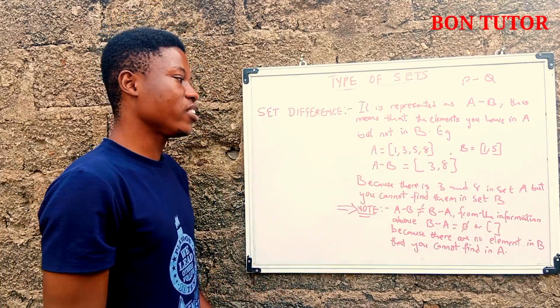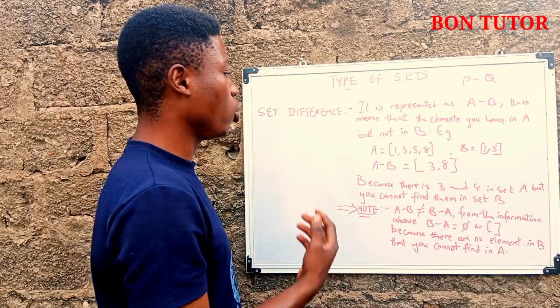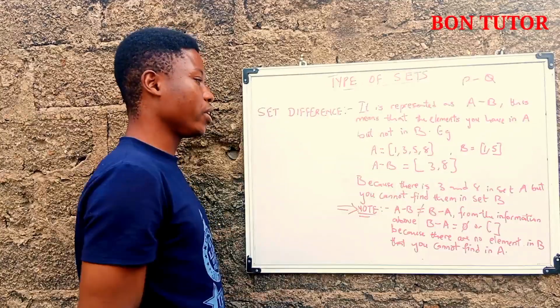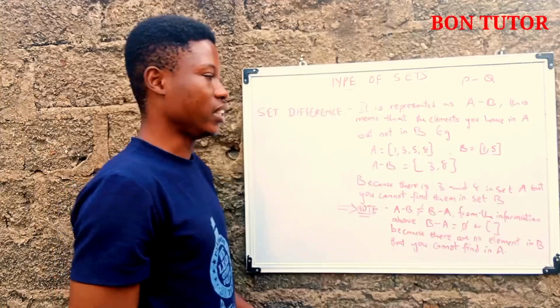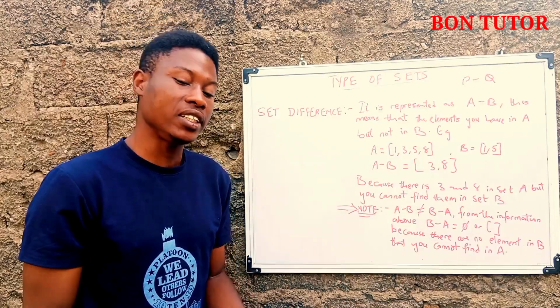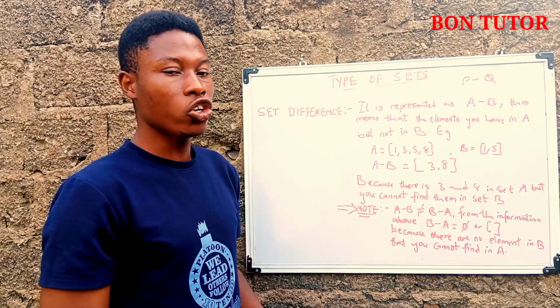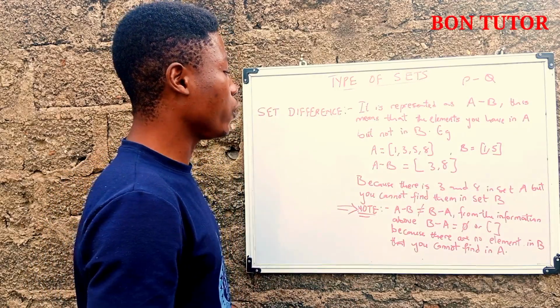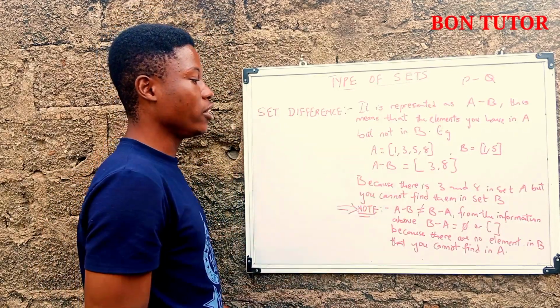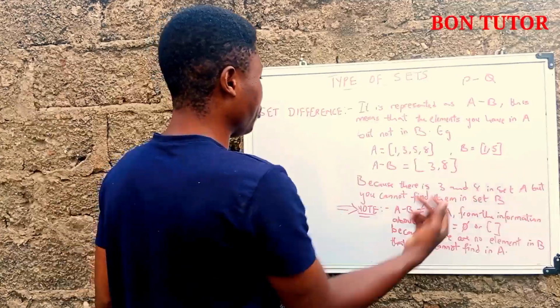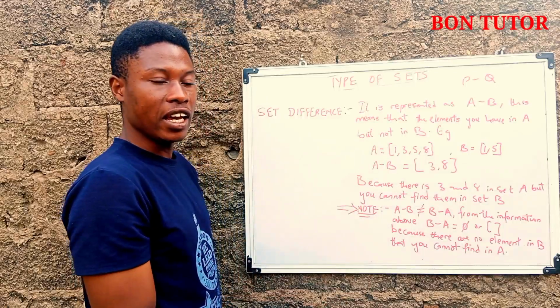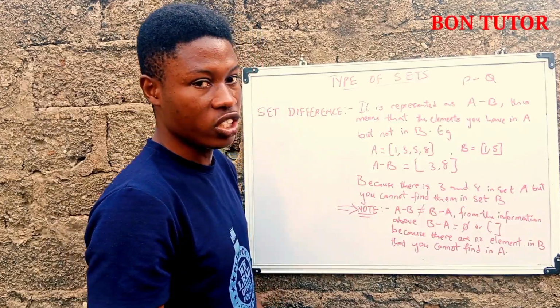And let's take for example, you have your A to be {1, 3, 5, 8}, and you have your B to be {1, 5}. If you're looking for the difference A minus B, that means you're looking for what you have in A that you can't see in B. You have 1 in A and you have it in B also, so it is not included.